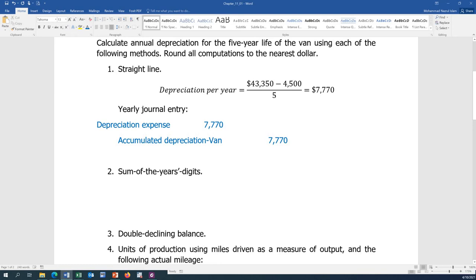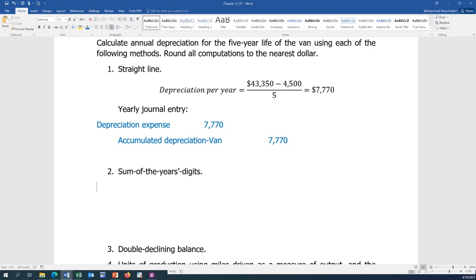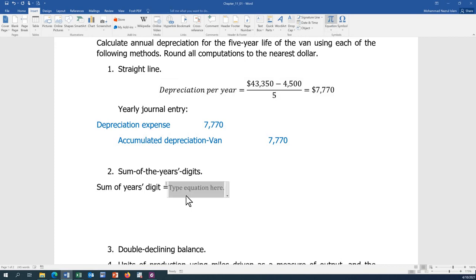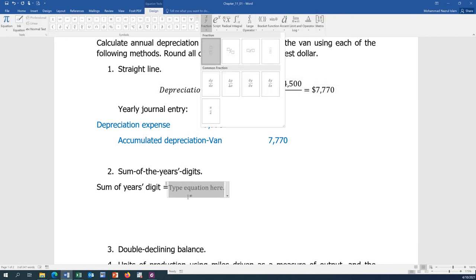So the first thing we need to calculate is the sum of years digit. Let's insert an equation, so it would be better.